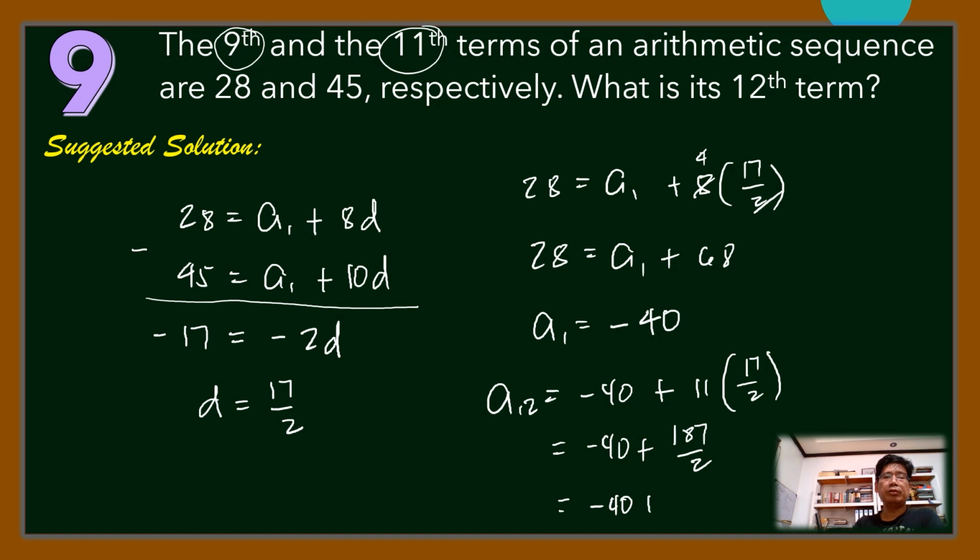So we have negative 40 plus 93.5. Then a sub 12 is 93.5 minus 40. That is 53.5.